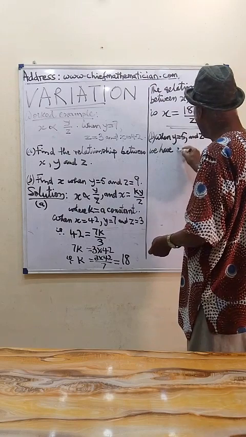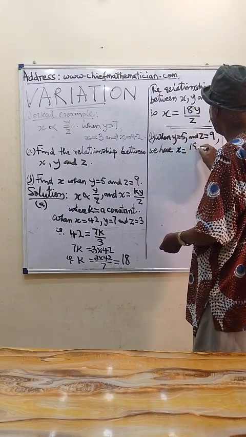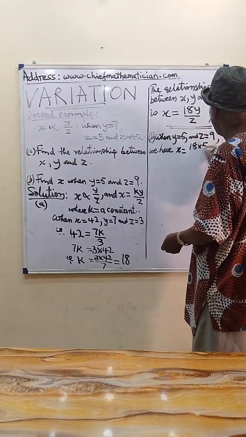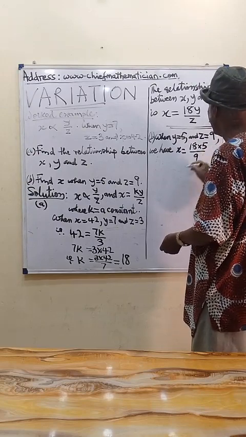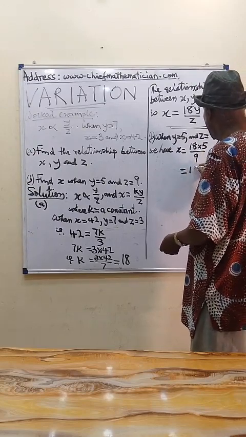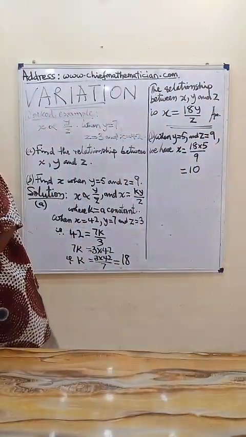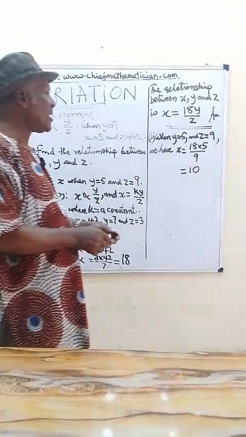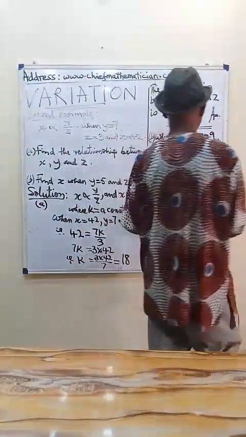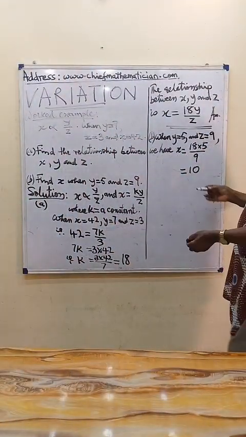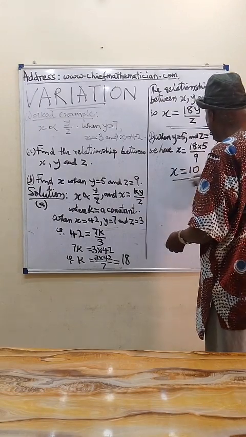We have x is equal to 18. What is our y there? 5. What is our z? 9. And what does this give you? 10. x is equal to 10. When y is 5 and z is 9, x is equal to 10.